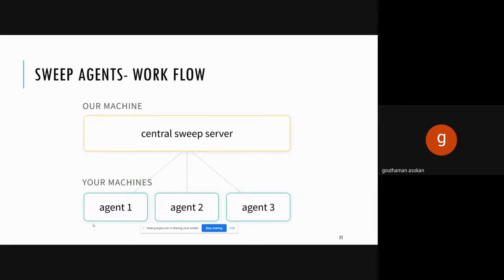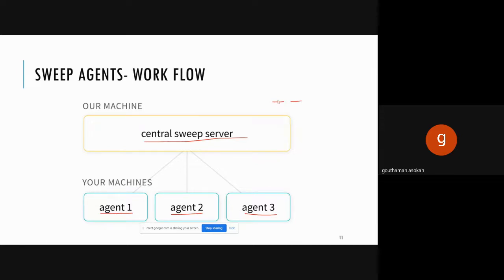So this is how the distributed computing happens in sweeps. It has a central sweep server, and it is split into different agents. Each agent will be assigned its own task, and asynchronously they will be doing their task and getting back their hyperparameters. For example, say learning rate and dropout are two hyperparameters.